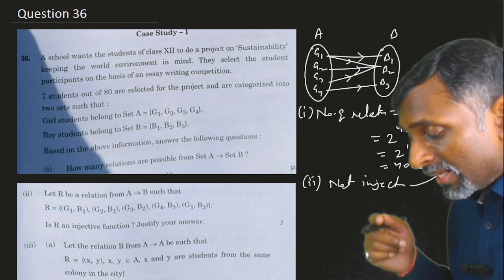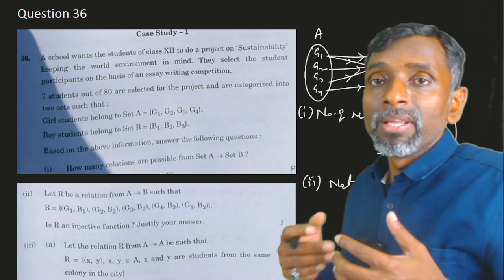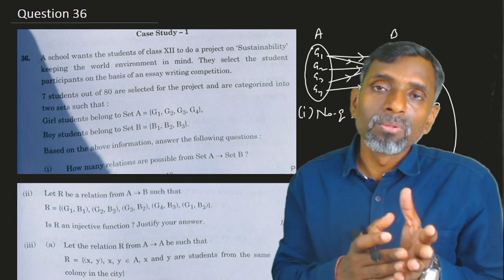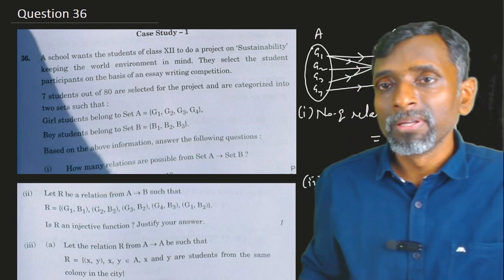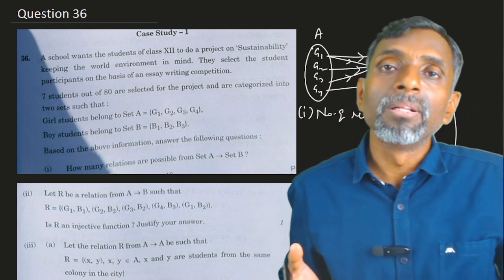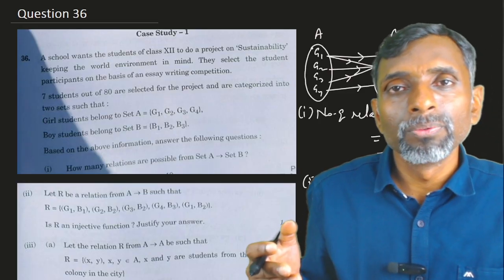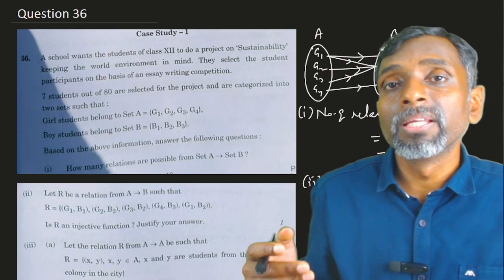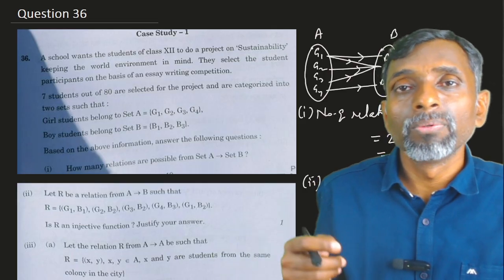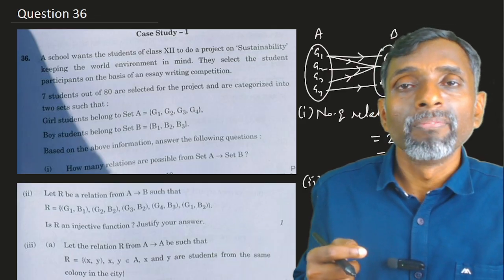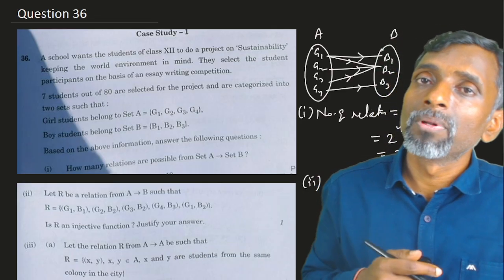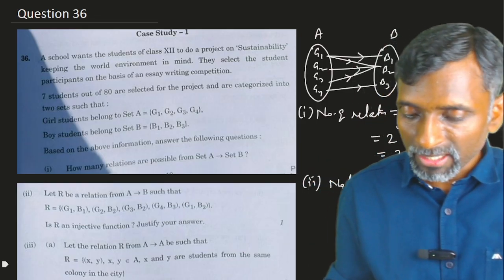If X1 and X2 are living in the same colony, then X2, X1 also living in the same colony. It is symmetric. And when we are talking about the three girls, X1, X2, X3. X1 and X2 living in the same colony, X2 and X3 also living in the same colony. We can say X1 and X3 also living in the same colony. So it is transitive also. So it is an equivalence relation.